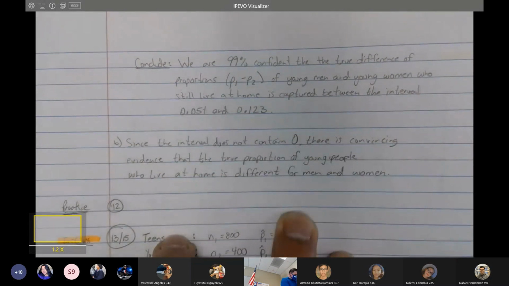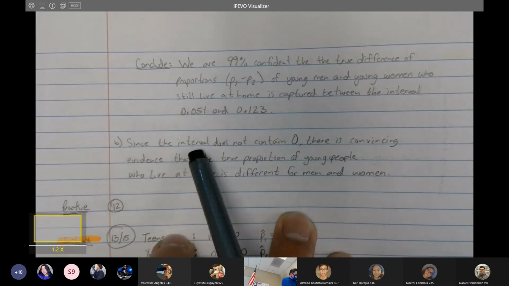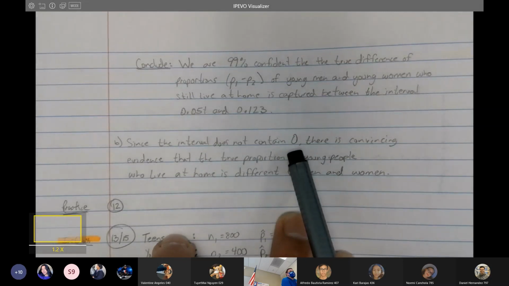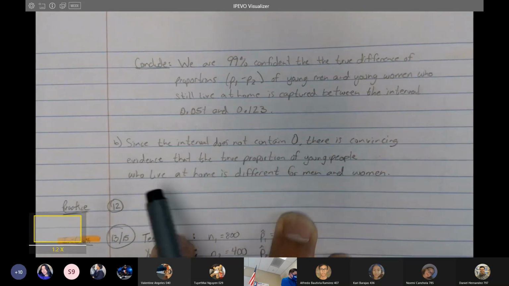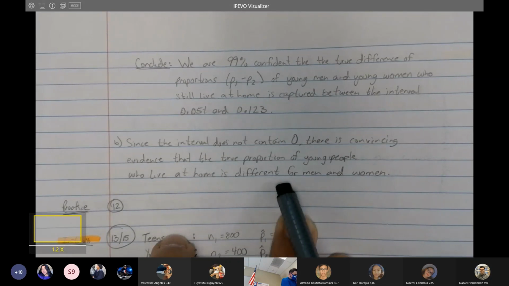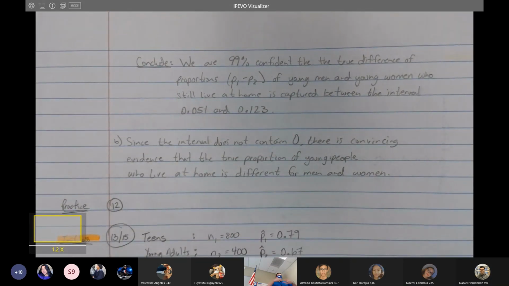That's our conclusion. Now answering part B, since the interval does not contain 0, since 0 is not a plausible answer, there is convincing evidence that the true proportion of young people who live at home is different for men and women. Now, I'm not saying whether it's a larger proportion for men or for women.